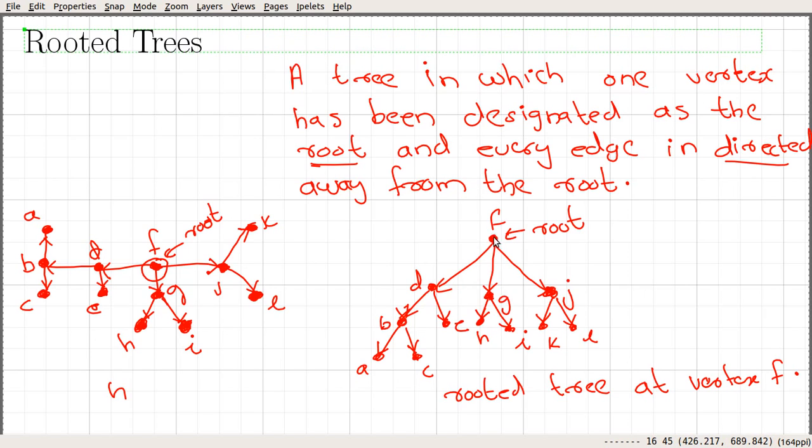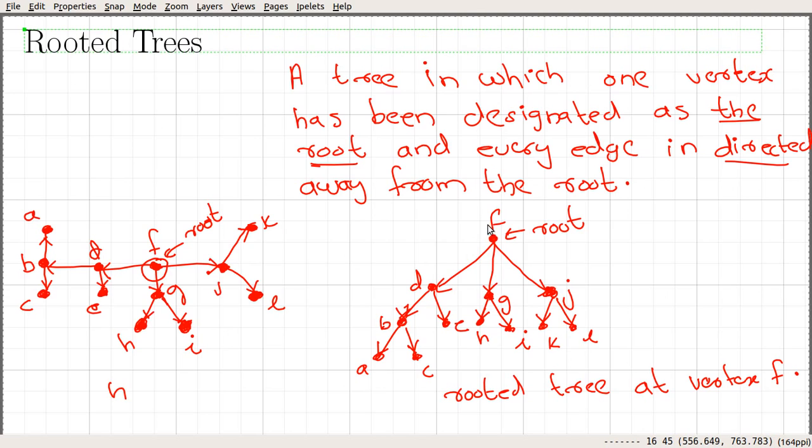Okay, and here the most important thing is that we have a particular vertex called the root. So a rooted tree is a tree in which one vertex has been designated as the root, something like this, and every edge is directed away from the root. Okay, and when we draw a rooted tree, we normally omit these directions.